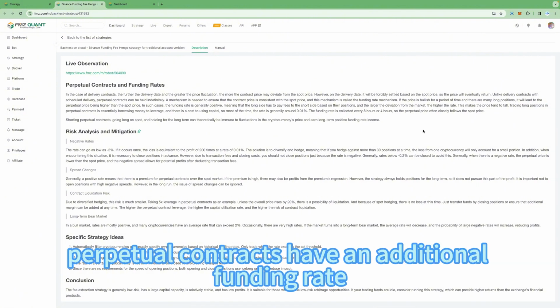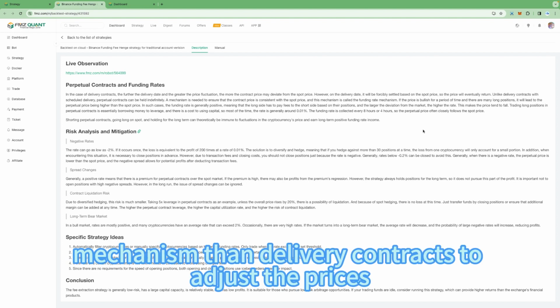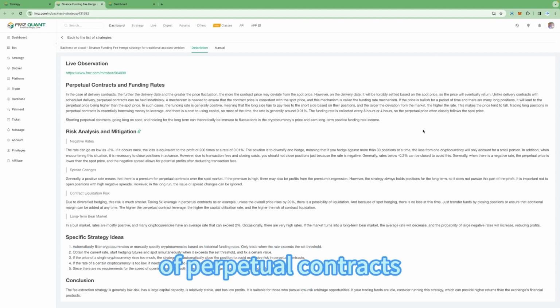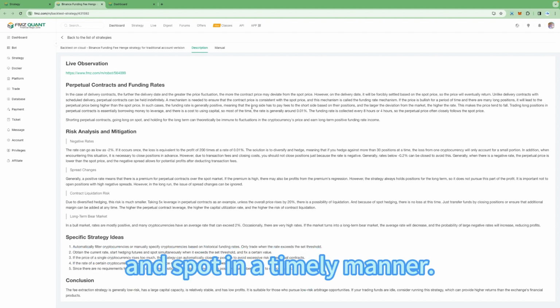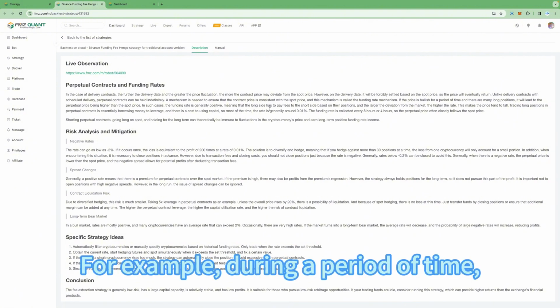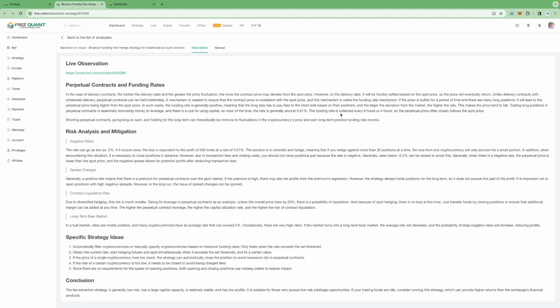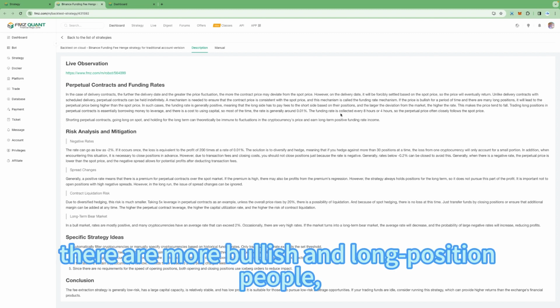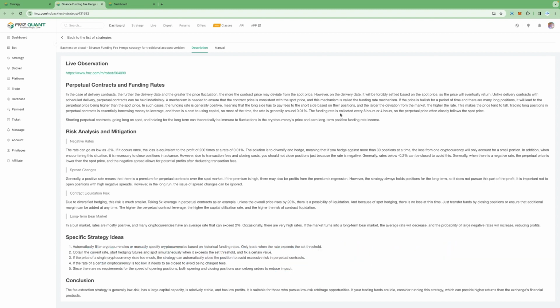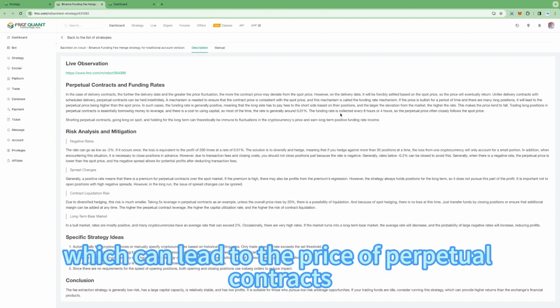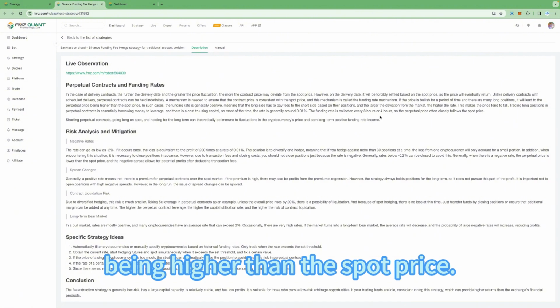Therefore, perpetual contracts have an additional funding rate mechanism compared with delivery contracts to adjust the prices of perpetual contracts and spot in a timely manner. For example, during a period of time, there are more bullish people holding long positions, which can lead to the price of perpetual contracts being higher than the spot price.